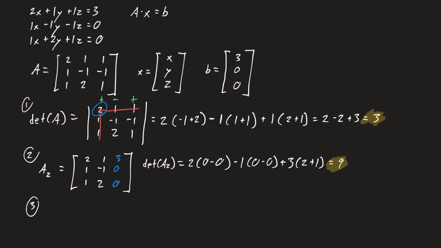So to find that unknown variable z, we are going to have to take the determinant of A_z, which we got from phase 2, divided by the determinant of the original coefficient matrix, which is from phase 1.